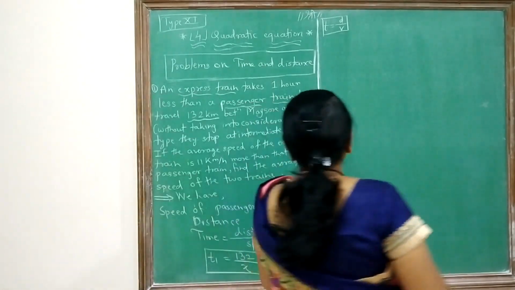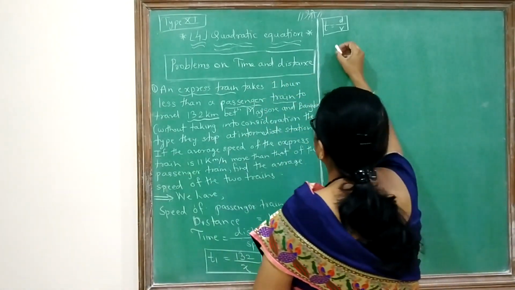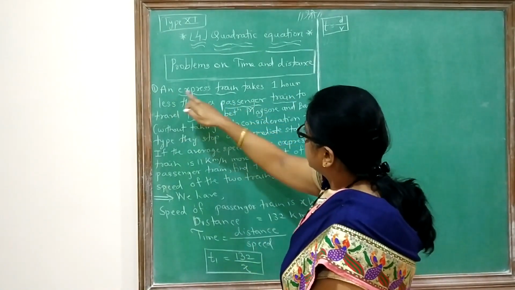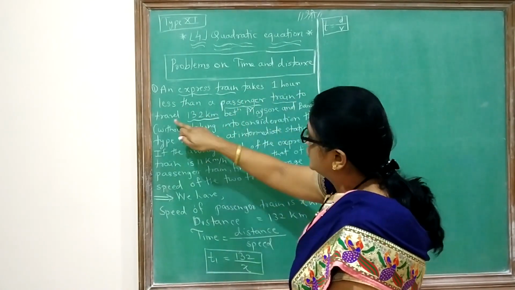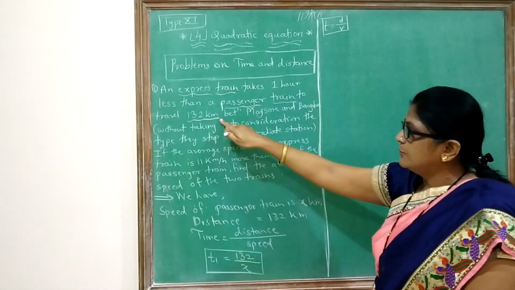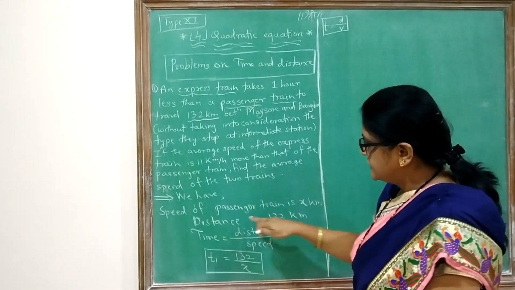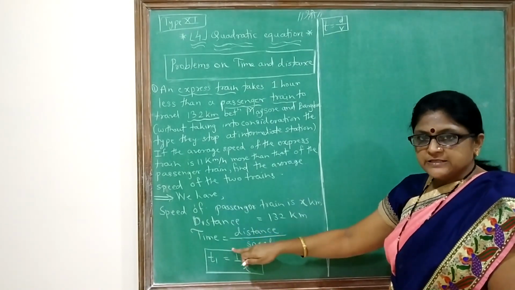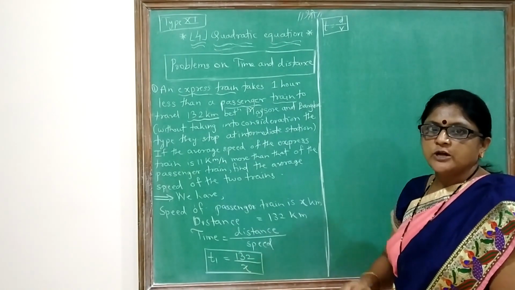Next train is the express train. The statement is: an express train takes 1 hour less than the passenger train to travel 132 km. The passenger train speed is x km per hour and its distance is 132 km. Using the formula time equal to distance upon speed, t1 equals 132 divided by x.